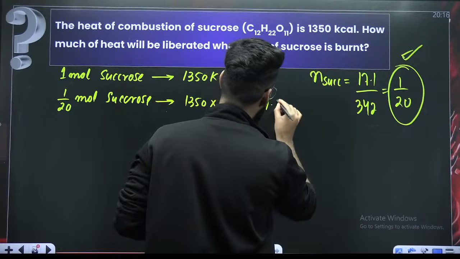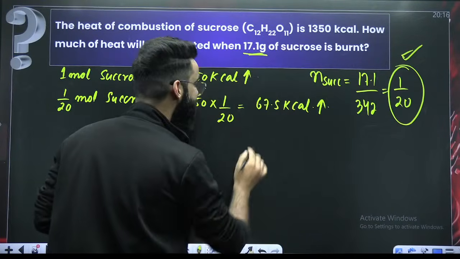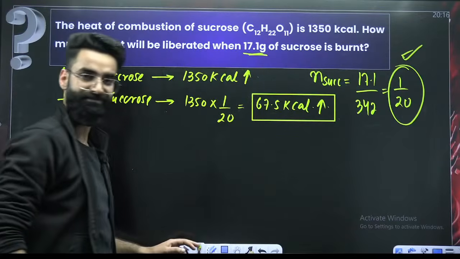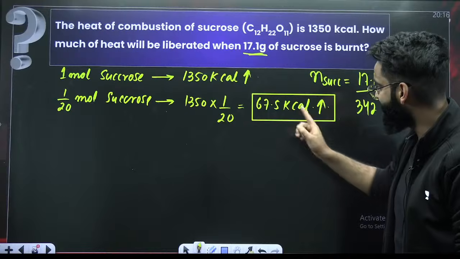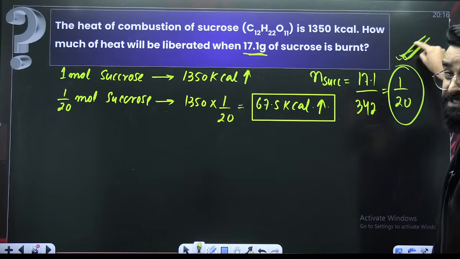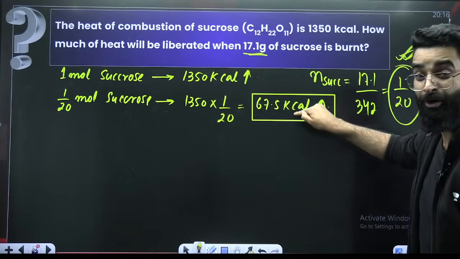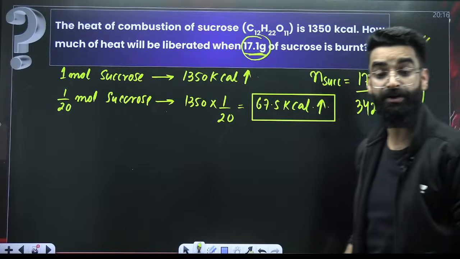So 67.5 kilocalories of heat will be released. Isn't this something which I was supposed to calculate? This is the amount of heat which is released when 1 by 20 moles of sucrose undergoes combustion. This is the amount of heat which is released when 17.1 grams of sucrose are undergoing combustion.